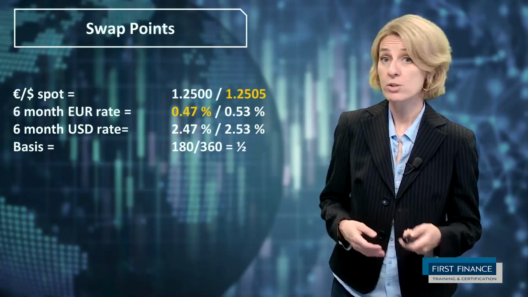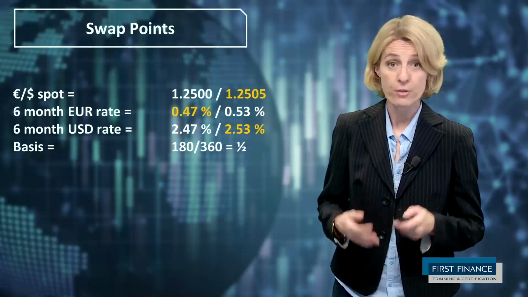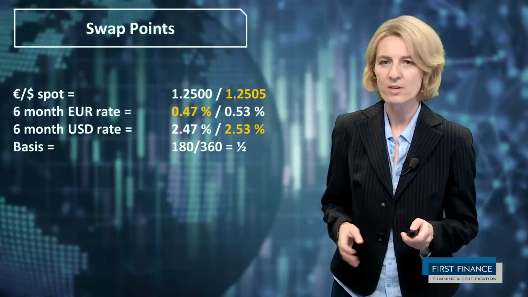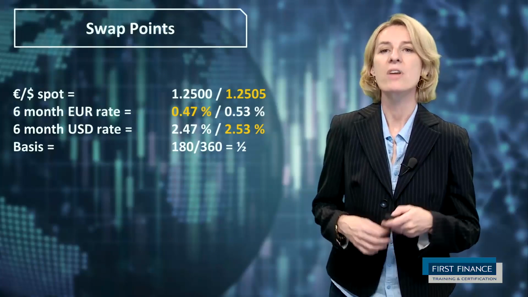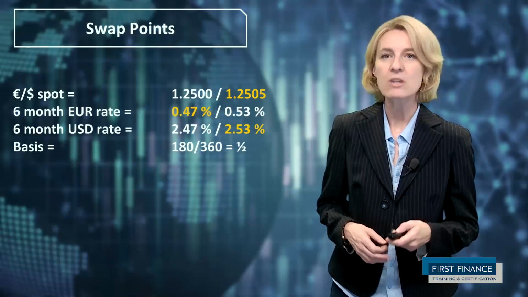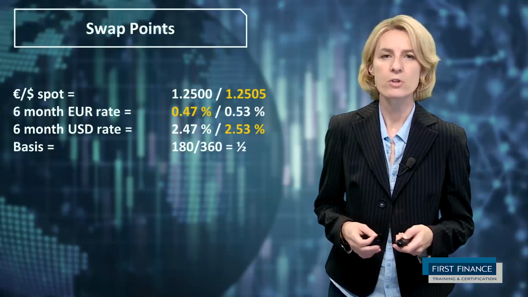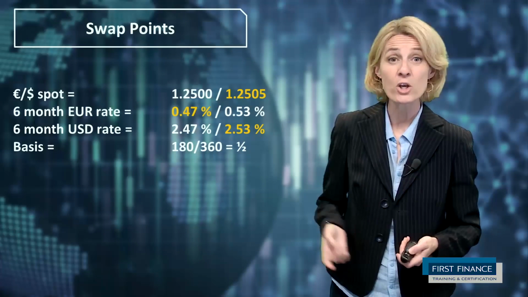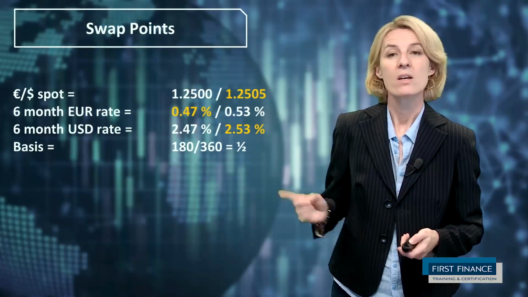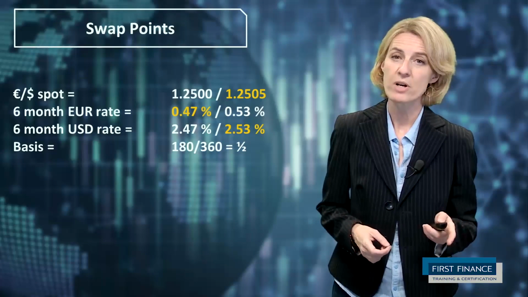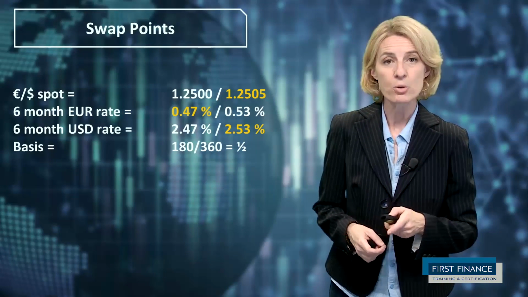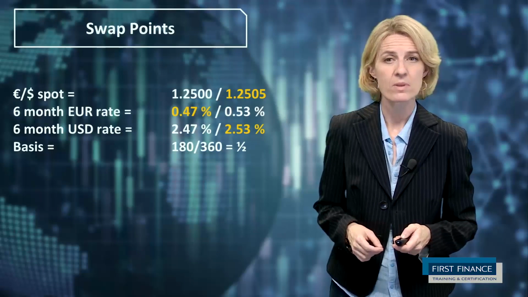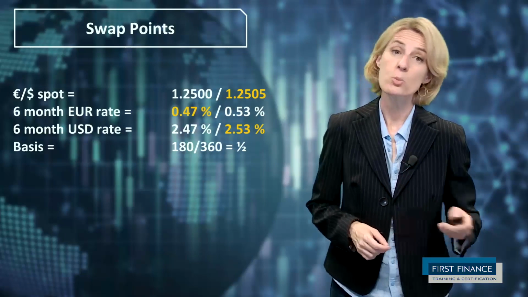The bank borrows dollars today. For the third time, we take the worst side for the calculation, borrowing at the highest rate. We take here the rate of 2.53% for the US dollar rate. So we're going to use the following data. The euro-dollar spot at 1.2505, the 6-month euro rate at 0.47%, the 6-month dollar rate 2.53%.